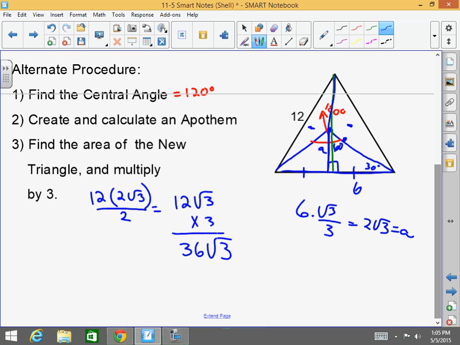Very good. So area will equal apothem times perimeter times 1/2, actually.